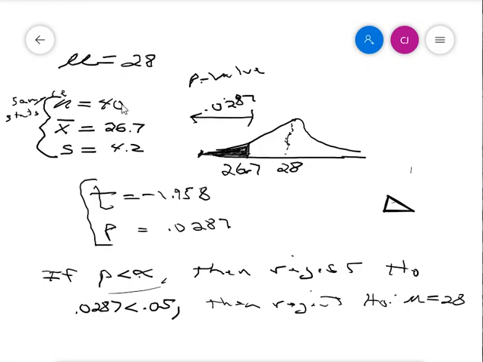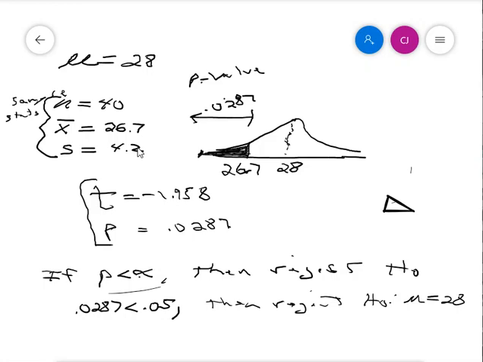We got 40 of them, had people drive them around, and we collected the data. On average, they got 26.7. That whole group of 40 on average came up. Some people got 22, some people got 29, some people got 21, whatever. And here was our variability for that set of data. So this is one sample of data that we're working with.